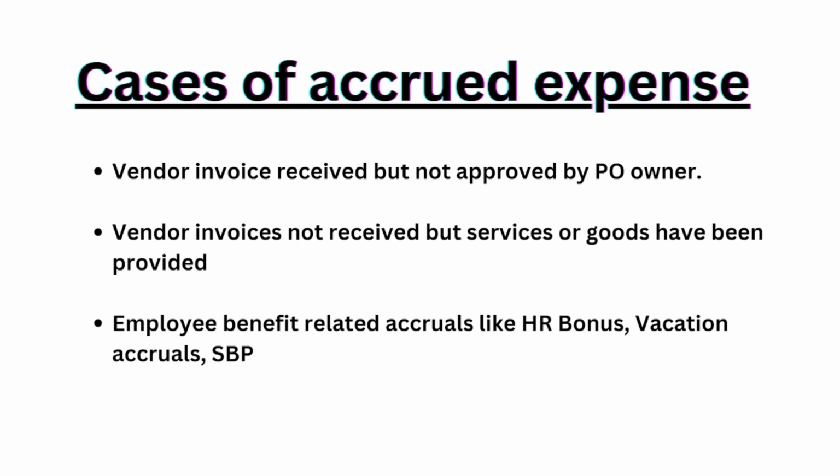And the second case is when invoices not received but services or goods have been provided. A typical case will be audit services, because the audit companies, they send their invoice at the end of the financial year. So in that case, you need to book accruals each month.